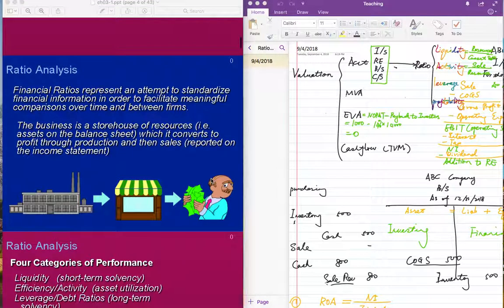Ratio analysis is very important. When we talk about using accounting data, we pretty much are saying that we want to get the ratios. We do not want to use the absolute value of any accounting item because that will not give us a meaningful comparison.